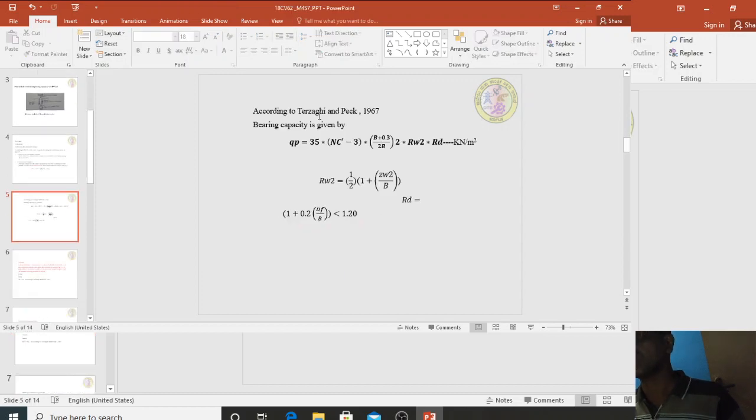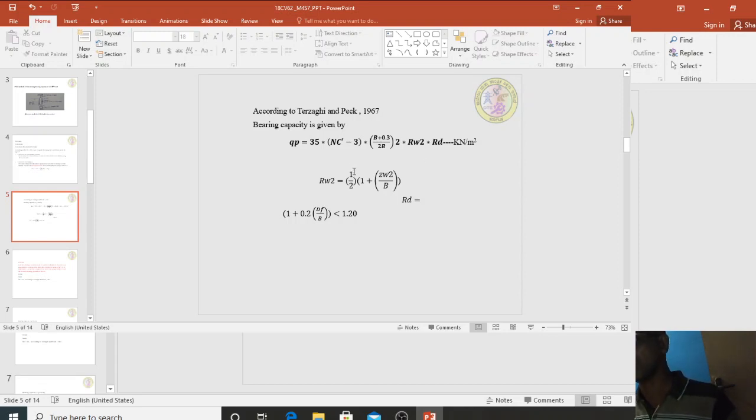Next, according to Terzaghi and Peck in 1967, the bearing capacity is given by the formula: allowable bearing capacity QP is equal to 35 into NC dash minus 3 into the quantity B plus 0.3 divided by 2B, whole square, into RW into RD.